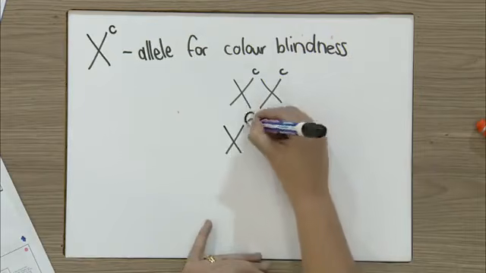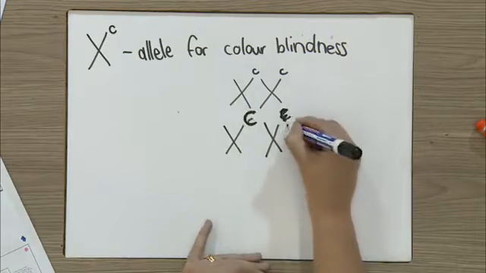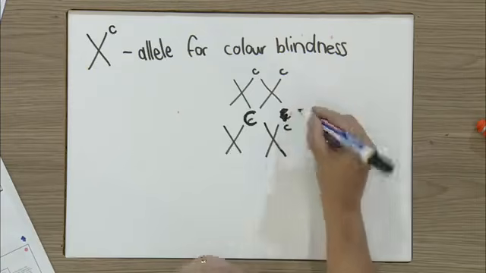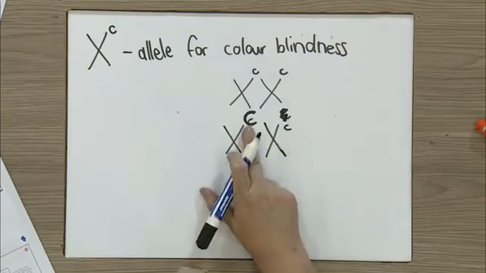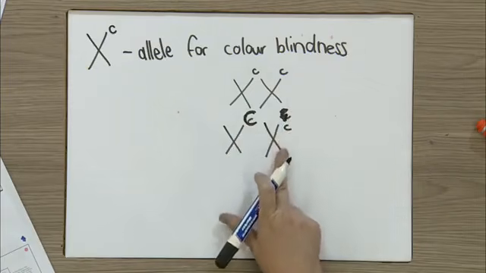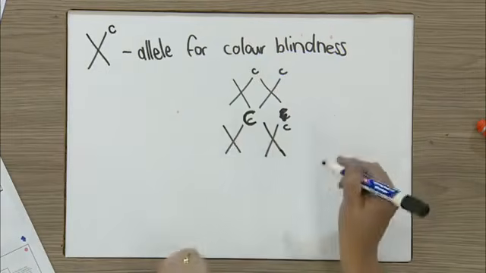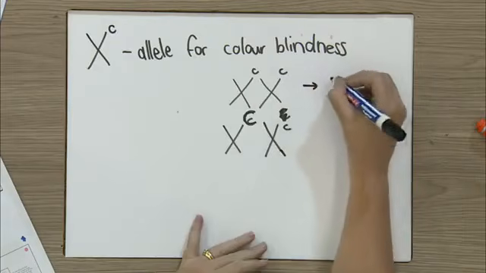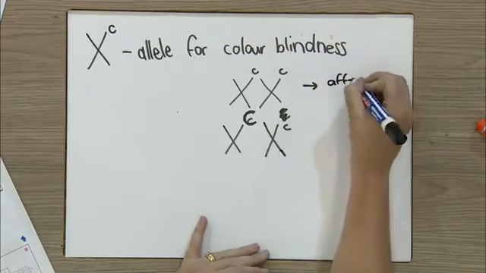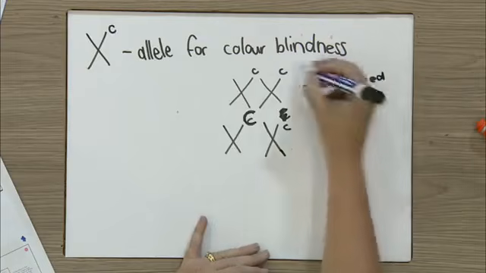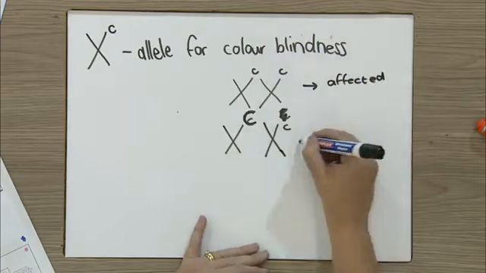Actually, the first one should be the capital, and then the second one should be the little c. So she has a big C and a little c, and the little c is sort of hidden, masked by the big C.